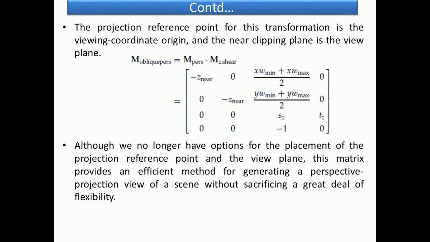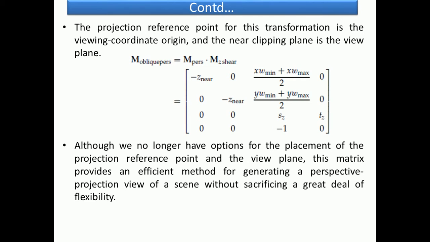If you choose the clipping window coordinates so that xwmax equals minus xwmin and ywmax equals minus ywmin, then the frustum view volume is symmetric. And this particular matrix will reduce to the previous perspective projection matrix.